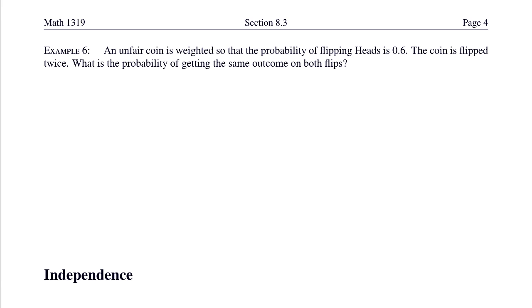Yeah, same outcome. So what events would that be? No, you're going to flip it twice. So if they're the same, what's the flipping look like? It's heads, heads. So that's the probability.